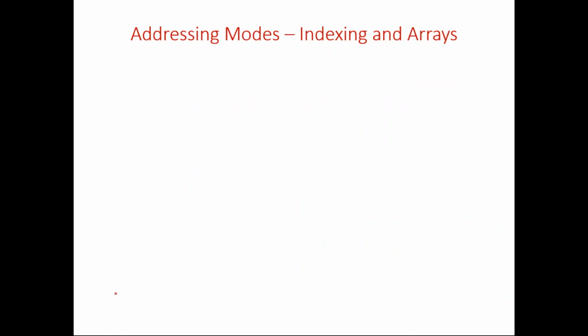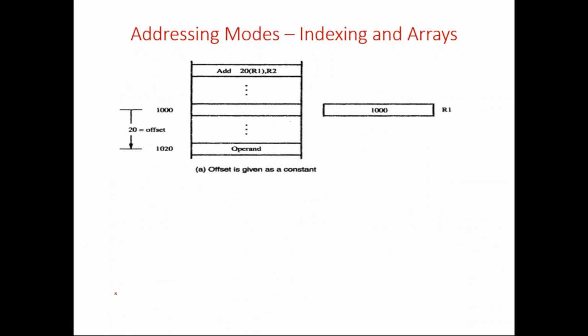Let us discuss this with an example. Here is an example: add 20 of R1 comma R2. So what it does? In this case R1 contains 1000, and 1000 refers to some address.